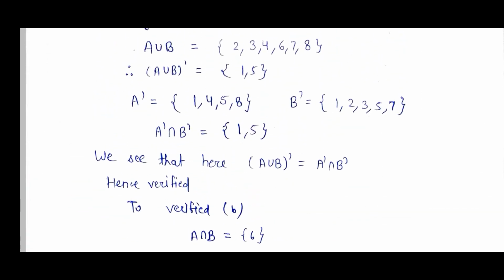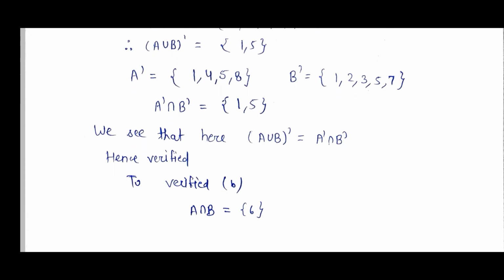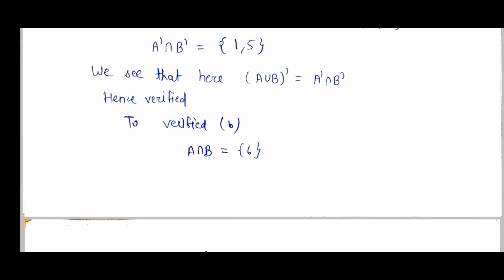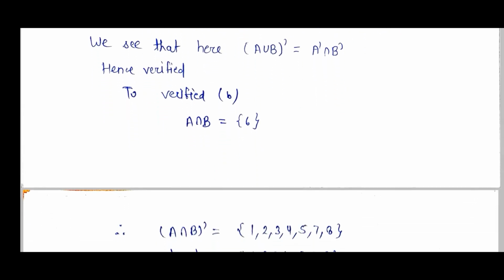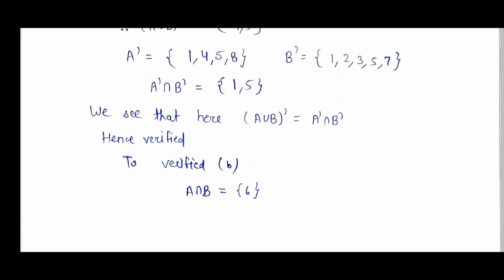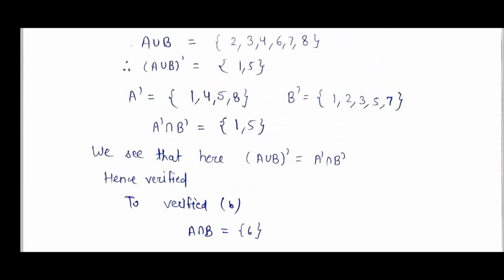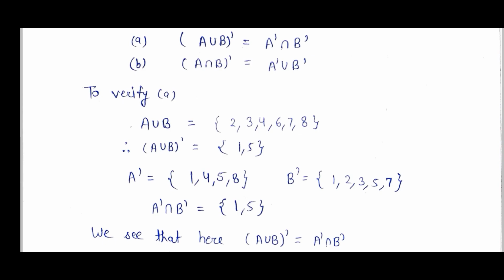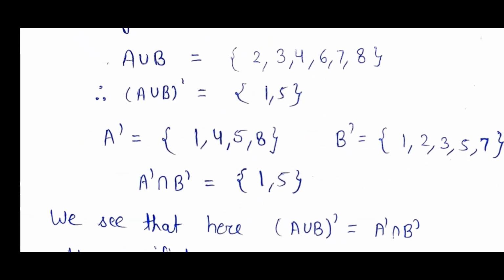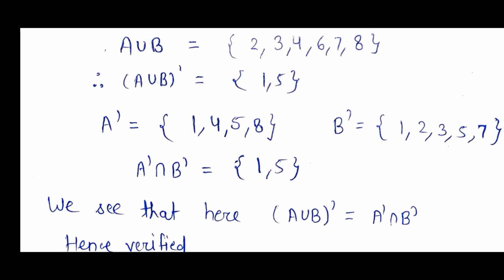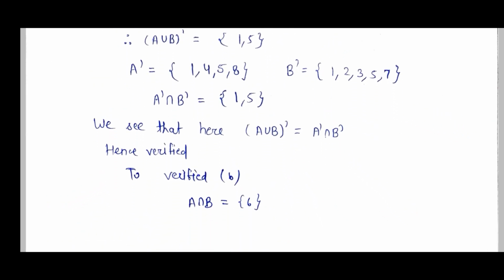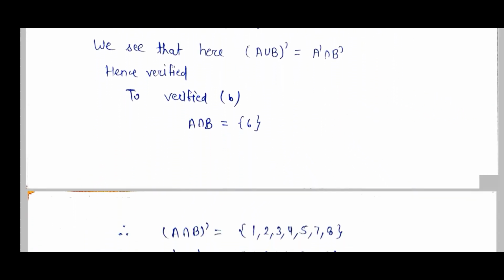After finding A' and B', A' intersect B' means the common numbers in A' and B'. So 1 and 5 are the common numbers in A' and B'. We see that (A union B)' is equal to A' intersect B', because both are 1 5, hence verified.